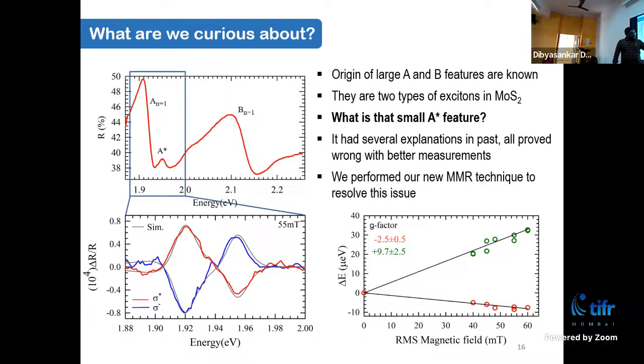The value for red is minus 2.5, and for green, it is plus 9.7. So one is negative, another is positive. That's why for one it is a peak, for another it is a dip. And the value is very high: if 2.5 is a small number, then 9.7 is about 4 times that.